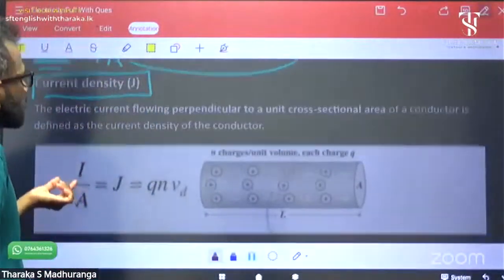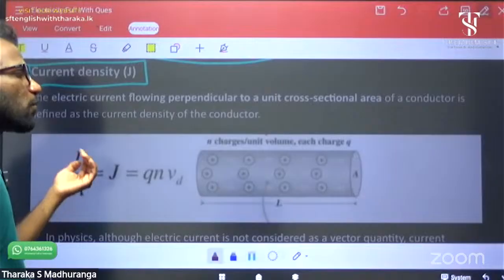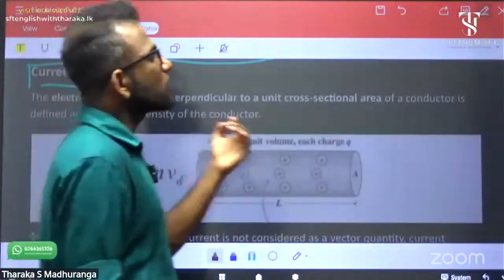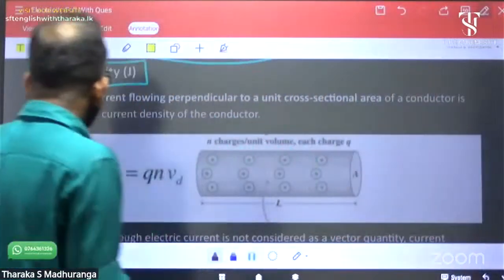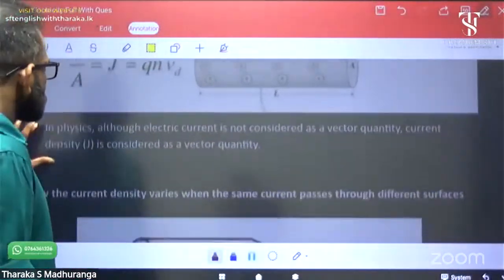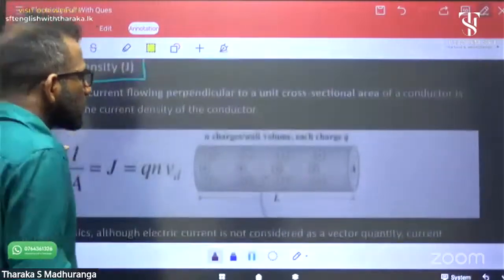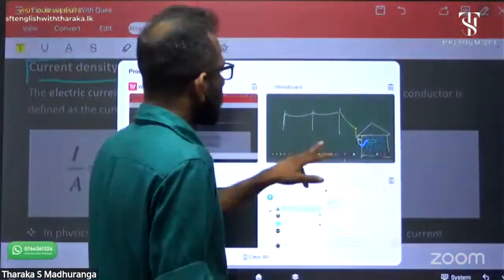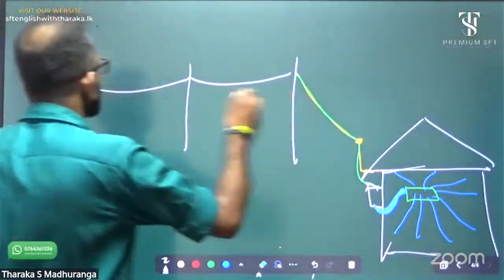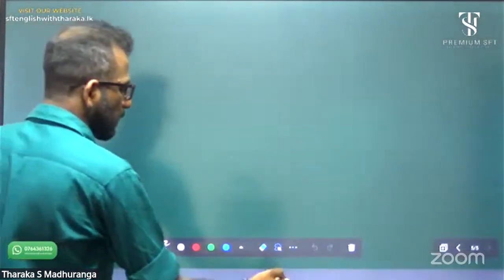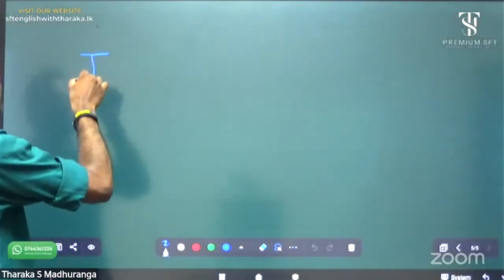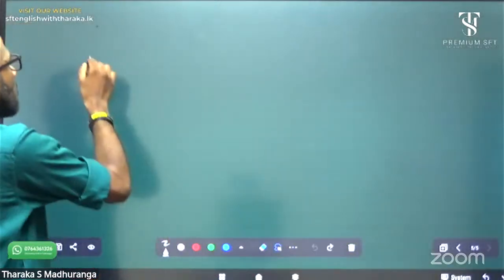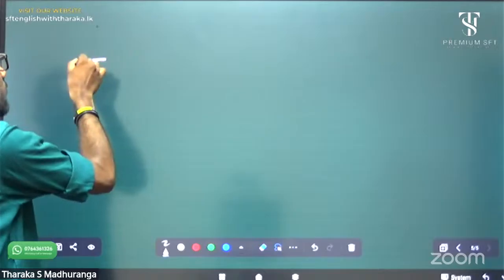Current density is the electric current flowing perpendicular to the unit cross section of the conductor. We call current density tau. It's not J, it's tau.